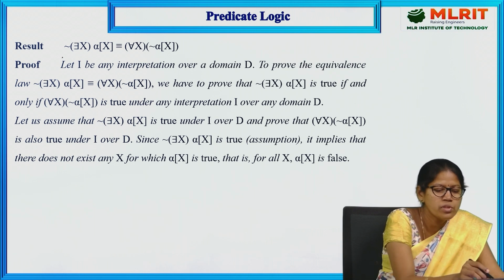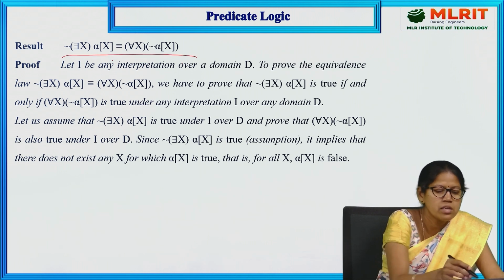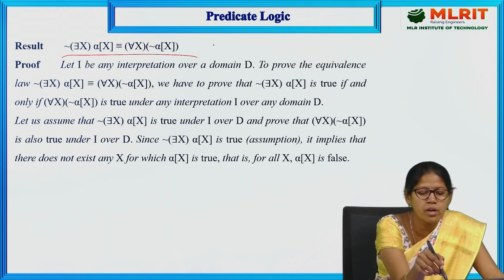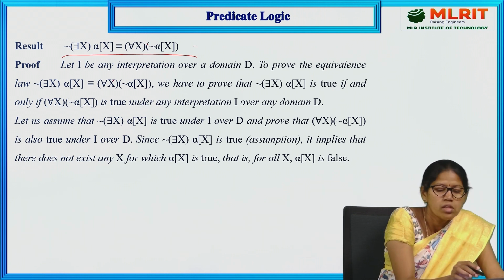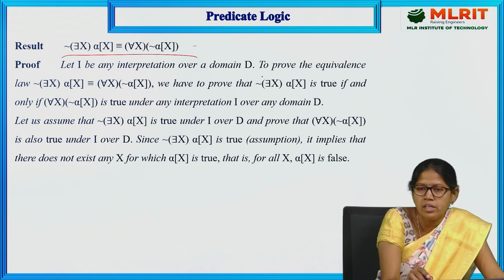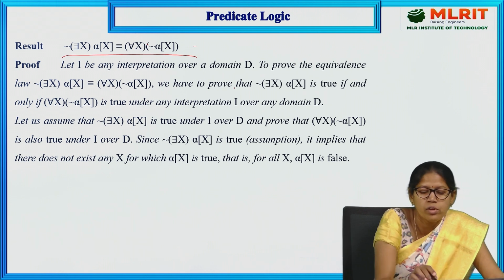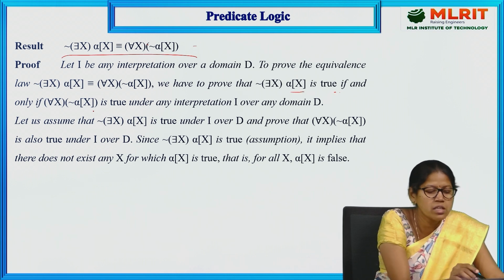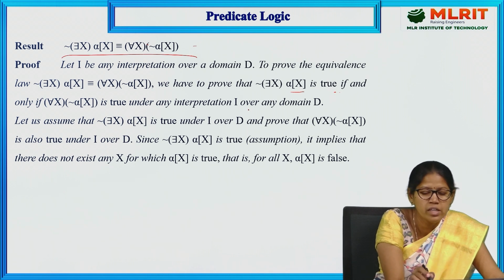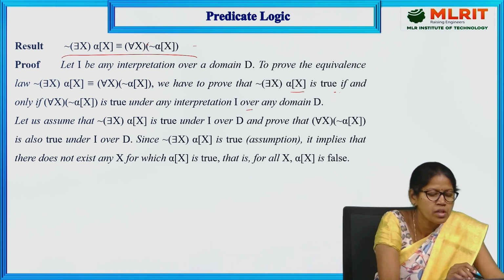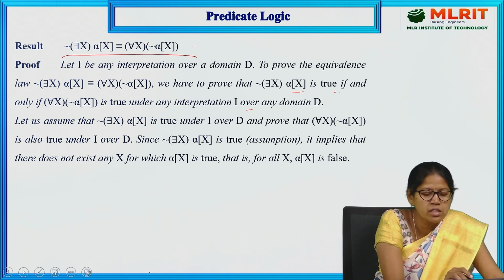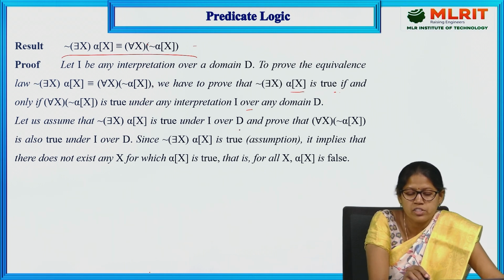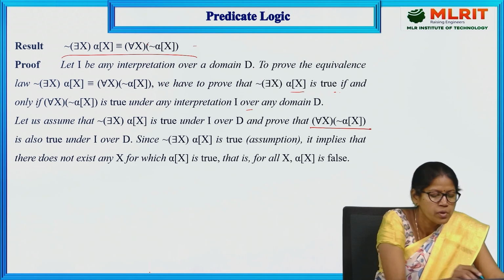Next, let's prove this one. Negation of there exists X, alpha X is equivalent to for all X, negation of alpha X. So take an interpretation I over a domain D. To prove the equivalence law, we have to prove that if this one is true, then if and only if for all X, negation of alpha X is true under any interpretation I over domain D. So let us assume negation of there exists X, alpha X is true under interpretation I over domain D, and prove that this one is also true.